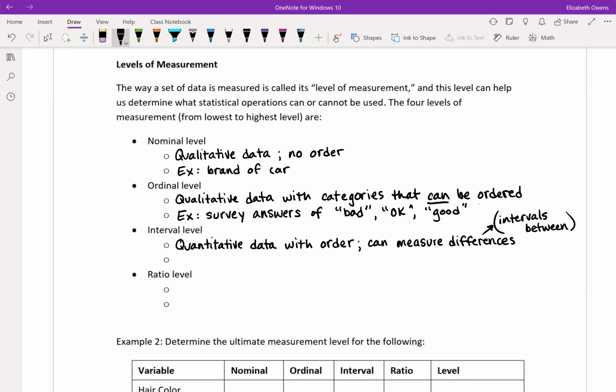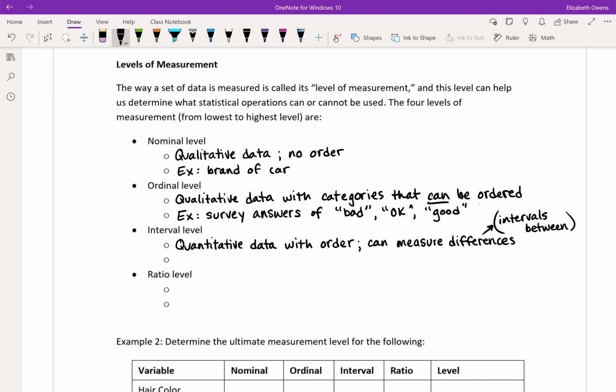Okay, so let's say we were looking at temperature, and if today it is 92 degrees Fahrenheit and yesterday it was 87, those are in order. I mean, one's higher, one's lower, and we can measure the difference between those.